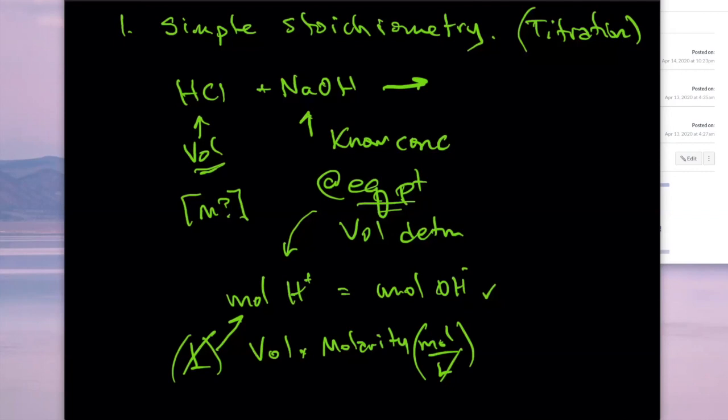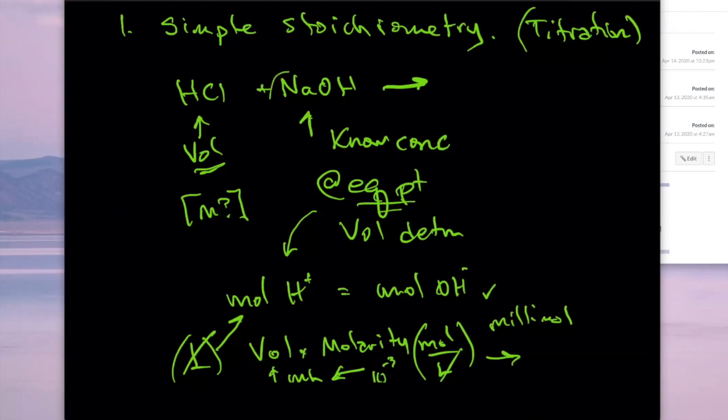Now, we don't deal with liters in titration, we deal with milliliters. A milliliter is 10 to the minus 3 liters, so when you multiply milliliters by molarity, you naturally get moles that are 10 to the minus 3. We just call that millimoles.